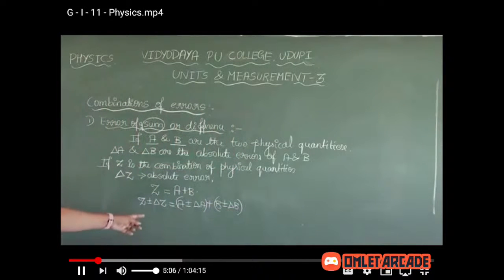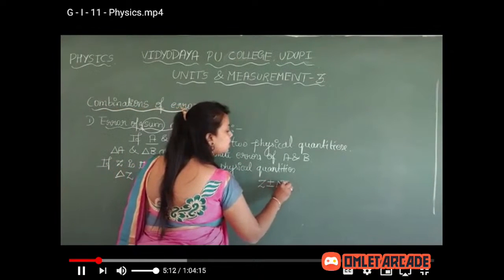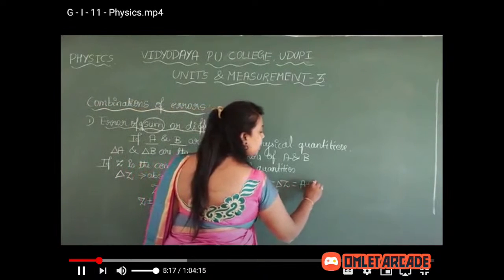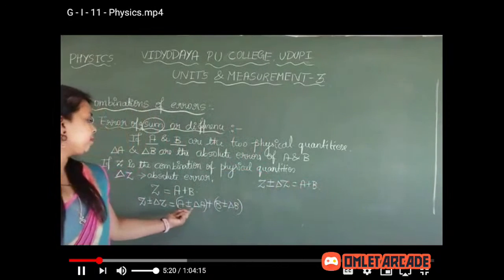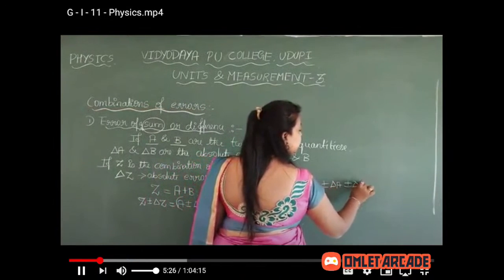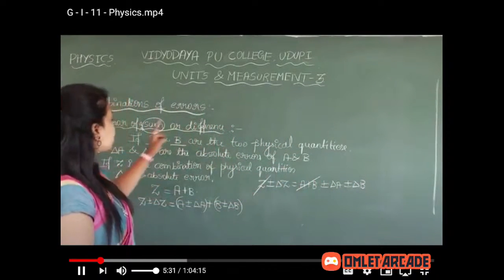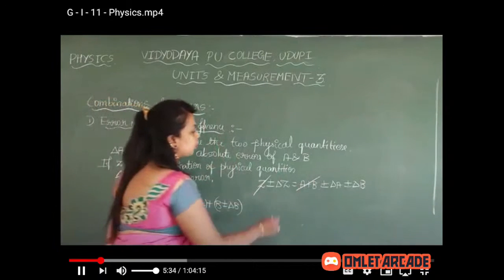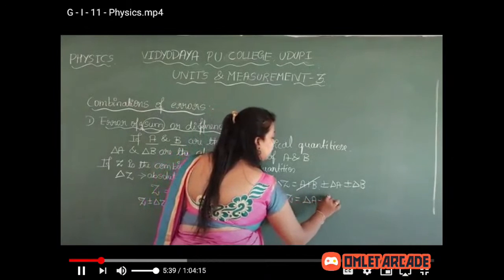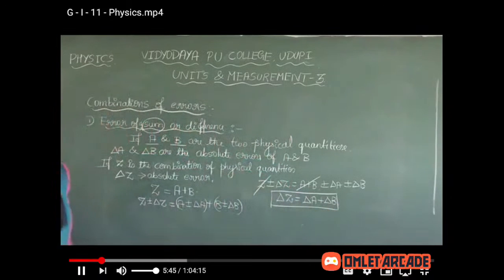Now, if you rewrite, Z plus or minus delta Z is equal to, combining A and B, A plus B, then plus or minus delta A plus or minus delta B. A plus B cancels with Z because Z is equal to A plus B. So finally, delta Z is equal to delta A plus delta B. This is the formula.